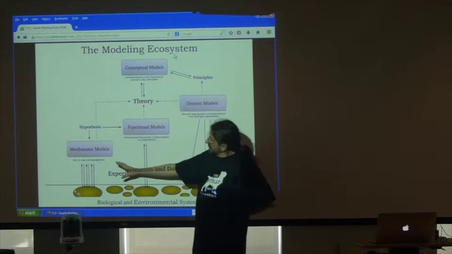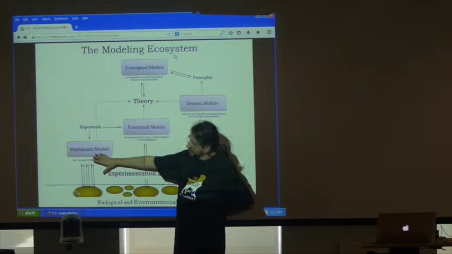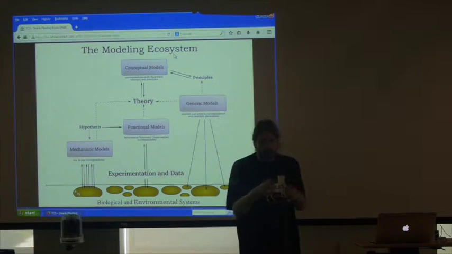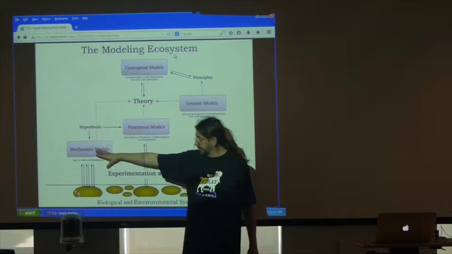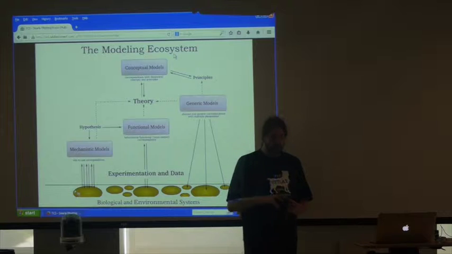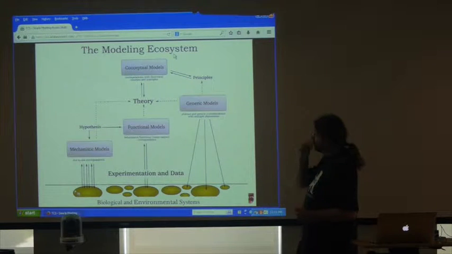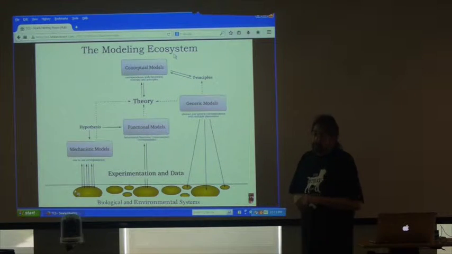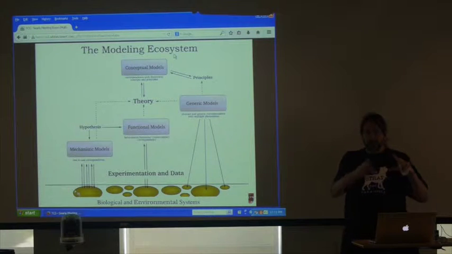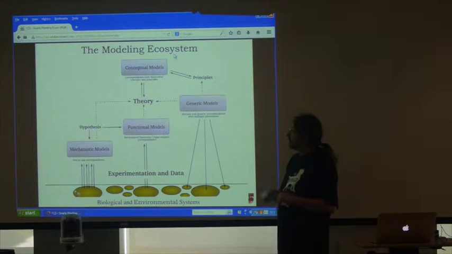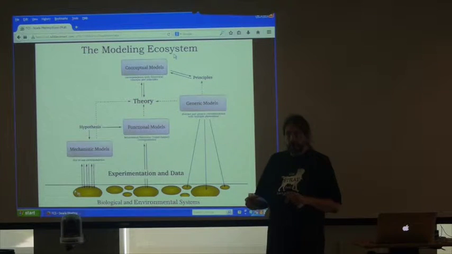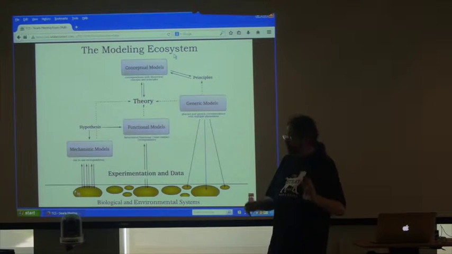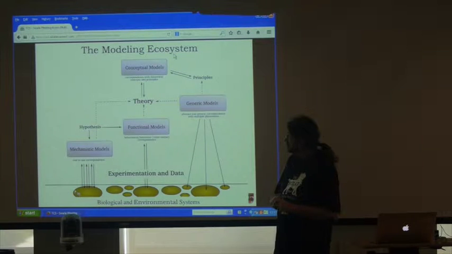So if we're trying to think about a single protein, say, or a set of proteins that might have a simple kind of interaction, we might have very mechanistic models where we're trying to model the actual physics or the biophysics. If we're trying to model, say, the input and output relationships of some pathways, we might have a functional model that doesn't try to reproduce the detailed physics, but tries to give us some idea of the function of that system, right?